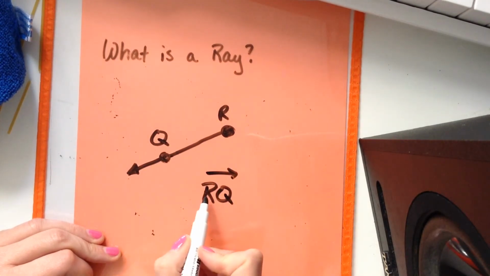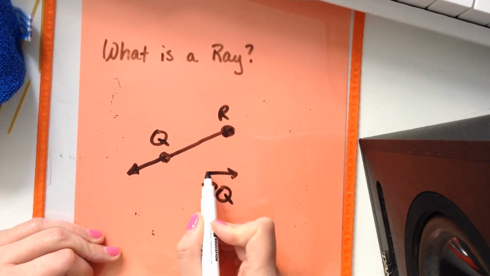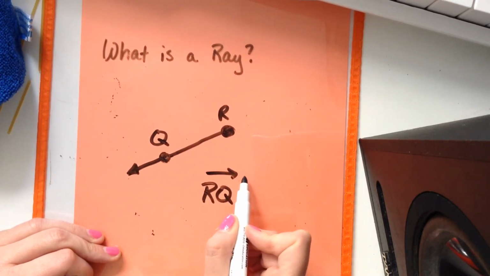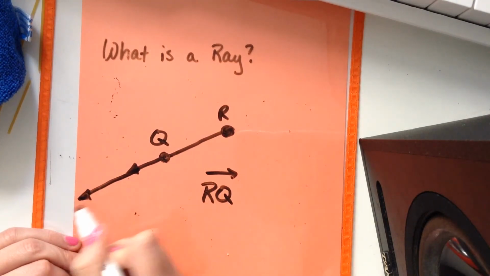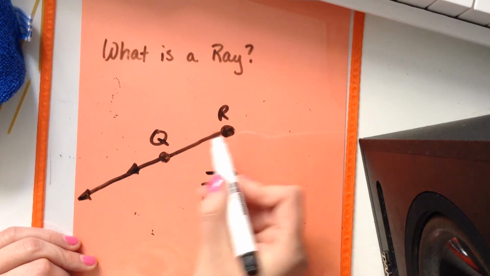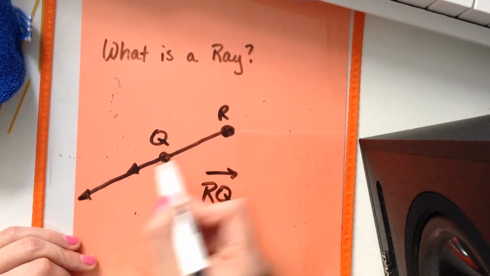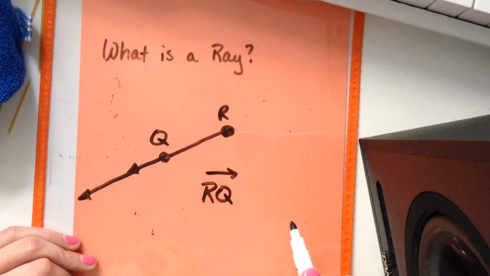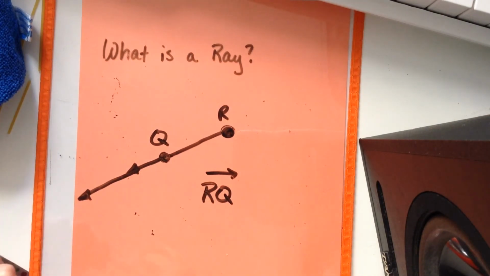So it's saying, here's where we start. It's going to go through Q, and it doesn't finish. It goes on and on forever. You can draw it all the way out in one direction. And it doesn't curve. It's like a straight line with an endpoint. And here's R, and then Q. So there's your ray.